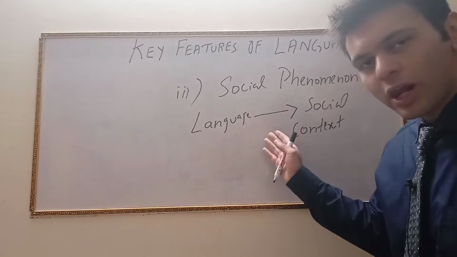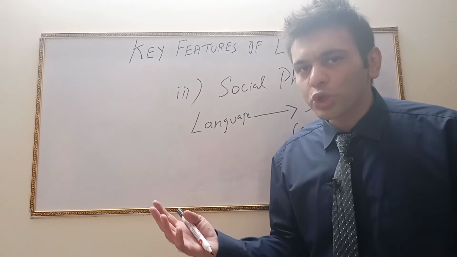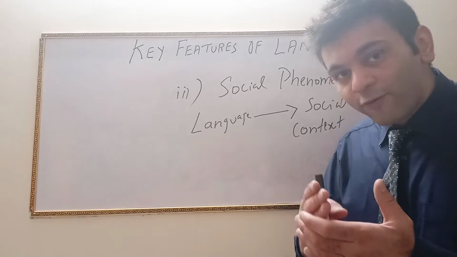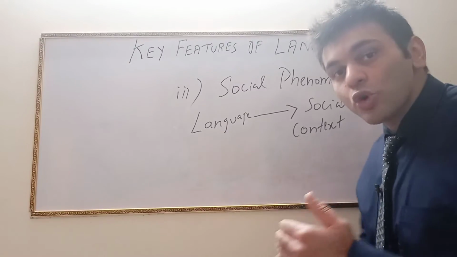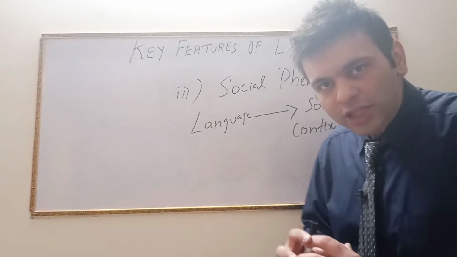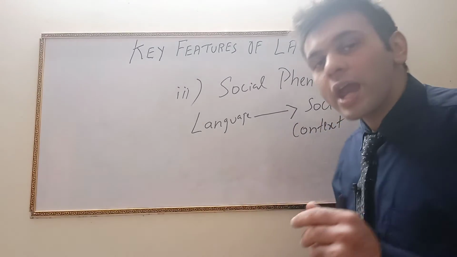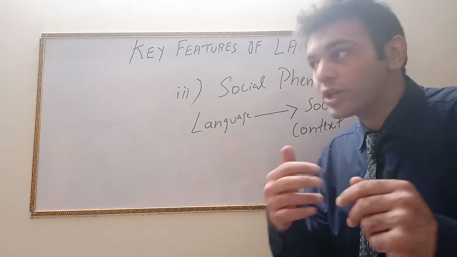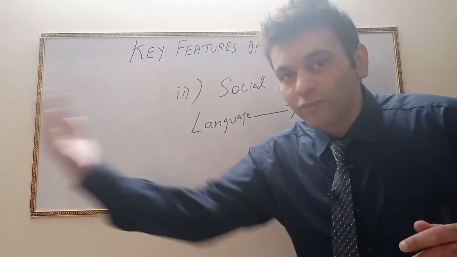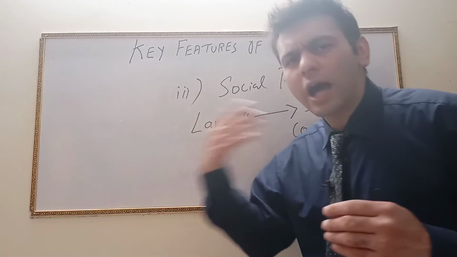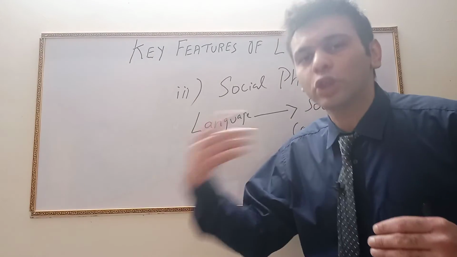So if there is no language, there will be no social interaction. So the key feature of language is to interact within a society. If we are a member of a society, it means we have a language, and if we have a language, we will interact, we will converse with each other, we will share our feelings, ideas and thoughts.